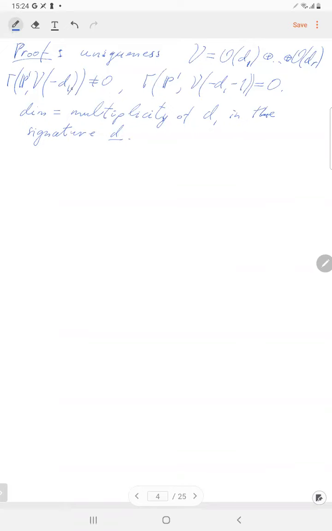Suppose the signature is D1, D1, and so on, D1, and then you have a strictly smaller D2. Dimension of what? Of these global sections. So how to determine D2?